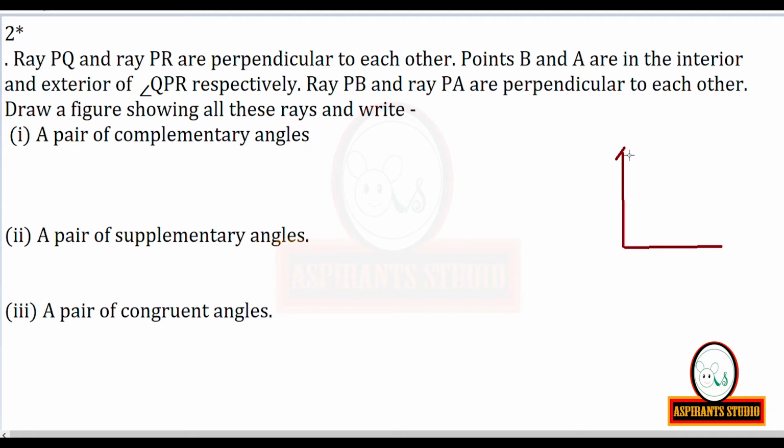So mark P as the vertex of the angle. Then Q will be on one end and R will be on the other end. So I have drawn ray PQ and ray PR perpendicular to each other.